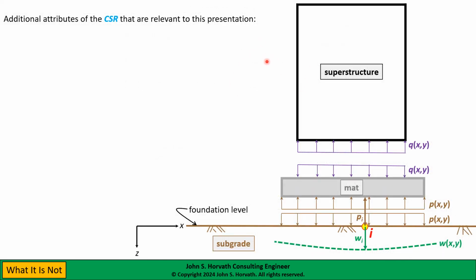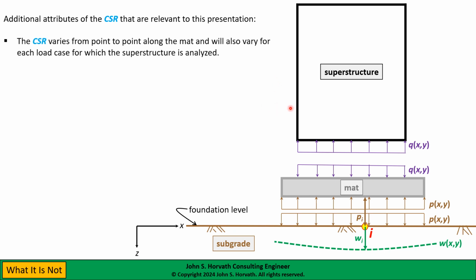So additional attributes of the coefficient of subgrade reaction that are relevant to this presentation, and I've intentionally broken the problem into its three constituent parts to show you that the superstructure, of course, interacts with the mat. There has to be force and displacement compatibility between superstructure and mat, in the same way there has to be between mat and subgrade.